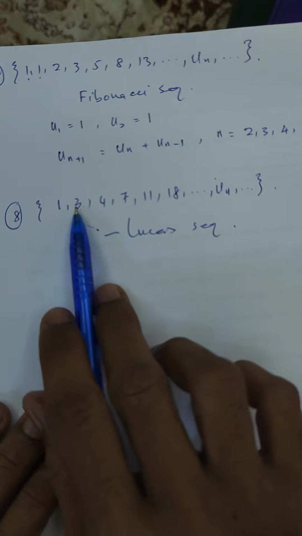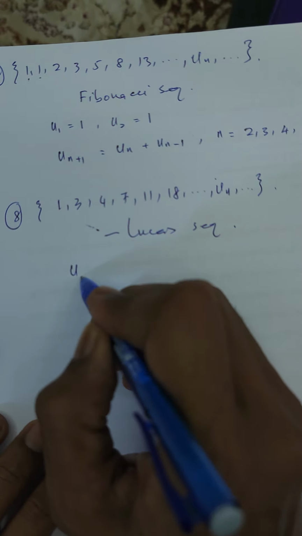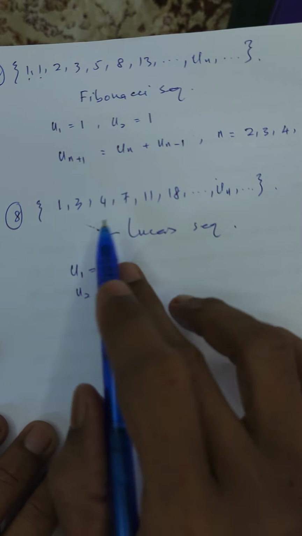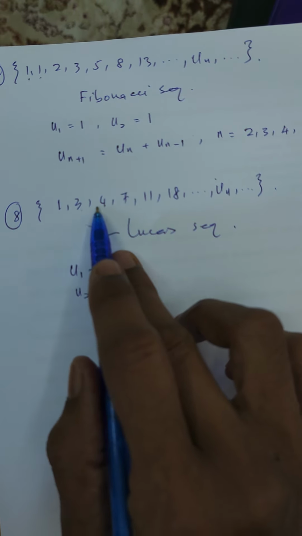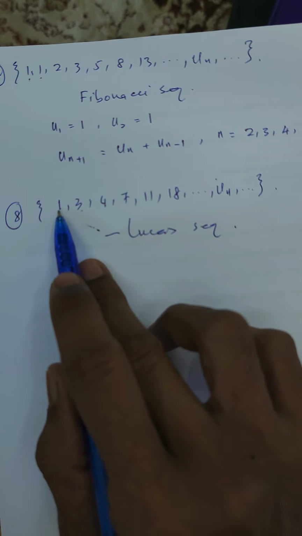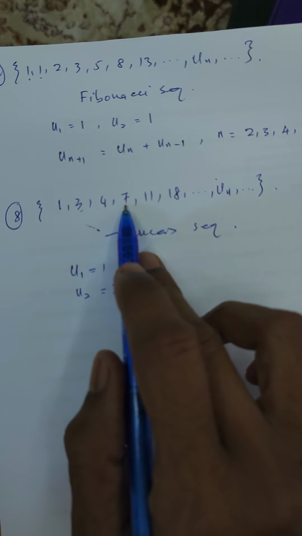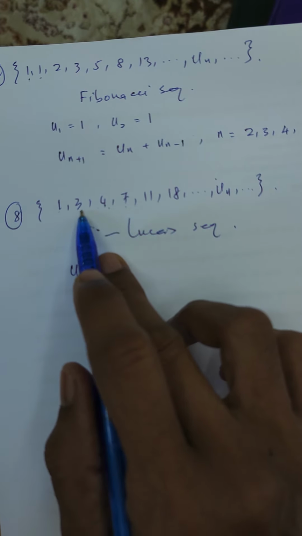For the first two terms here, this is fixed. So I can say u1 equals 1, u2 equals 3. Whereas for the third term, we need to add up the two previous terms, term 1 and term 2. And for the fourth term, you need to add up the third term and the second term.